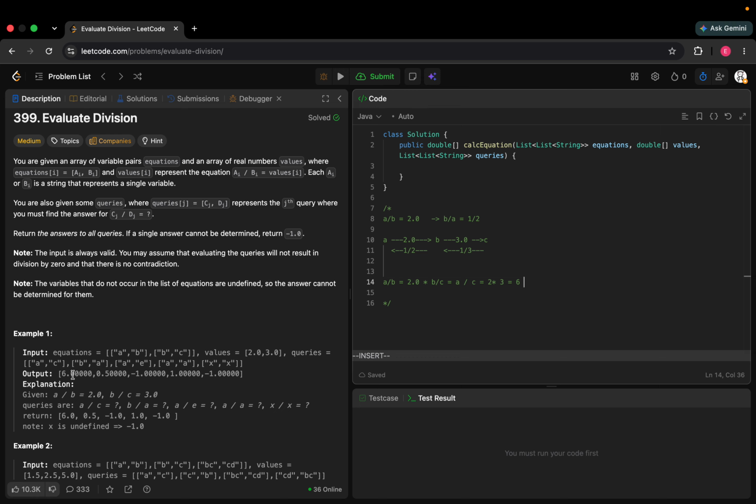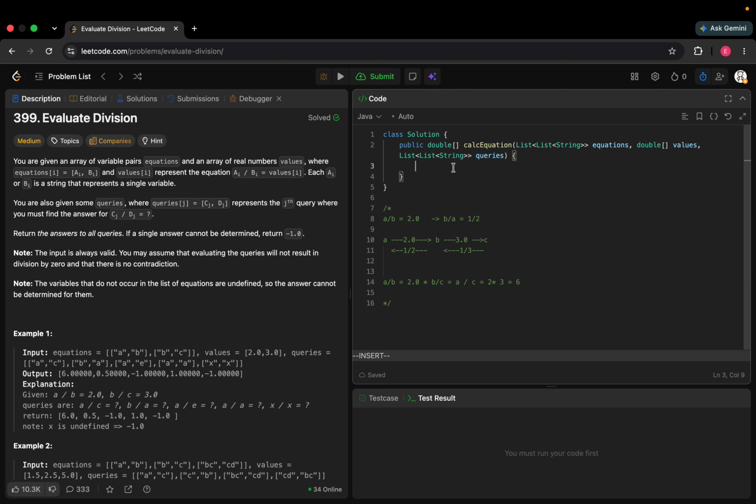So 6 is the answer we store in the results. Right, so we search B's neighbors, whether it has C, then we go on checking. If we don't find it, we return -1, which means we didn't find it.